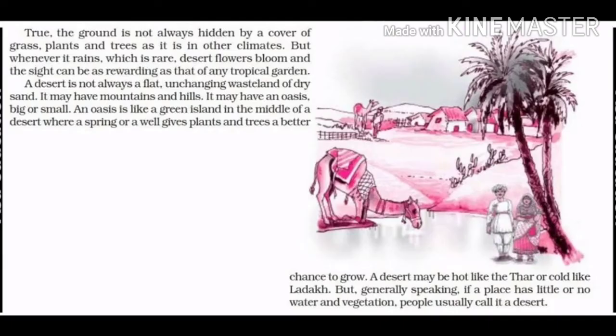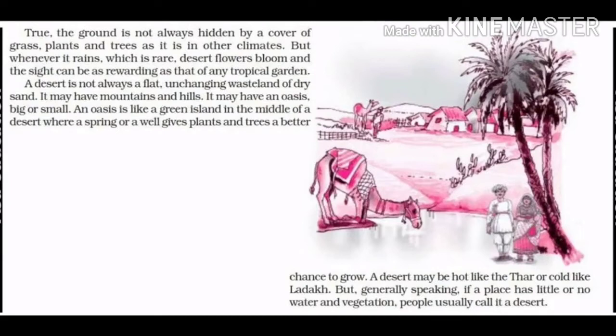True, the ground is not always hidden by a cover of grass, plants and trees as it is in other climates. But whenever it rains, which is rare, desert flowers bloom, and the sight can be as rewarding as that of any tropical garden.